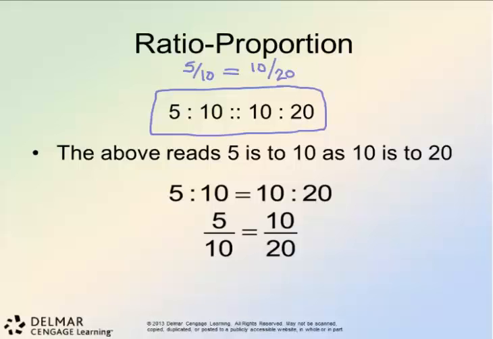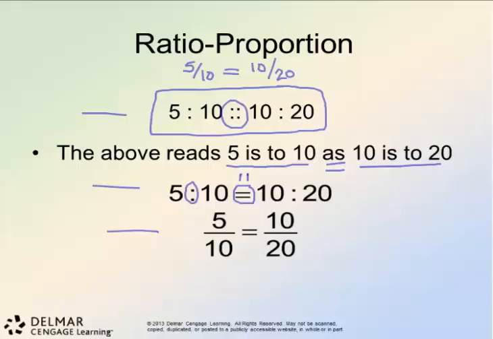And like I just mentioned, we could read that as 5 is to 10 as 10 is to 20. So these three proportions, top one, this one, and this one, are all saying the same thing. Normally, when we write the ratio with a colon, you wouldn't see an equal sign in between them. You would see the double colon in between them like we had up there. But those are three proportions, and they're all saying the same thing.